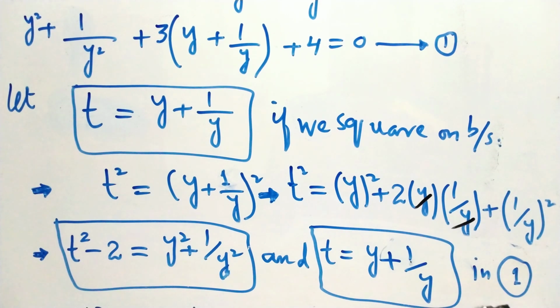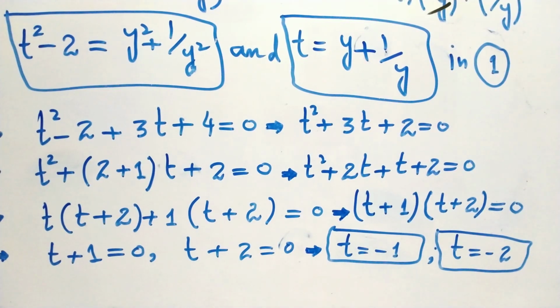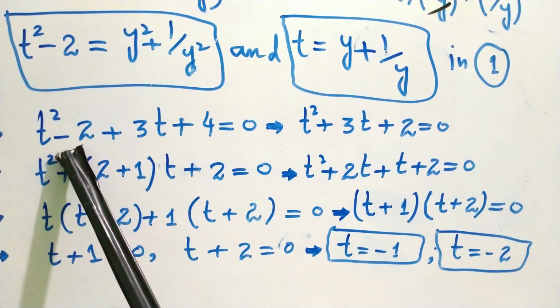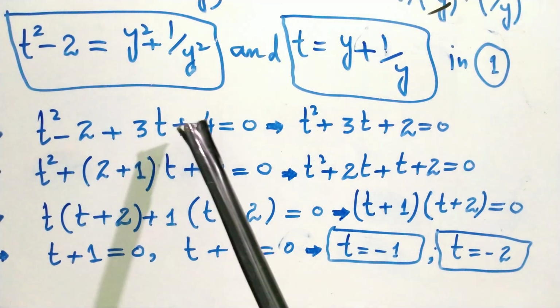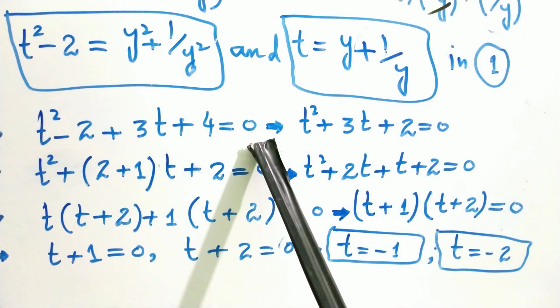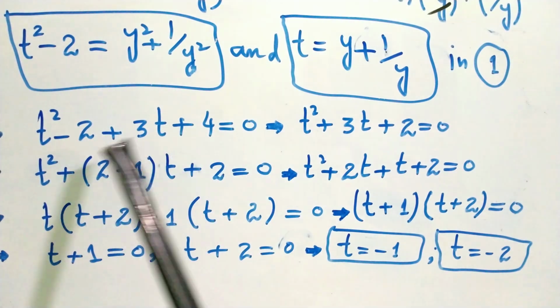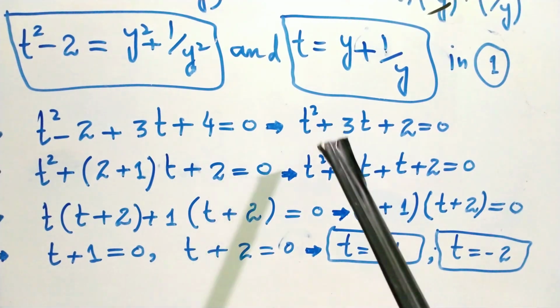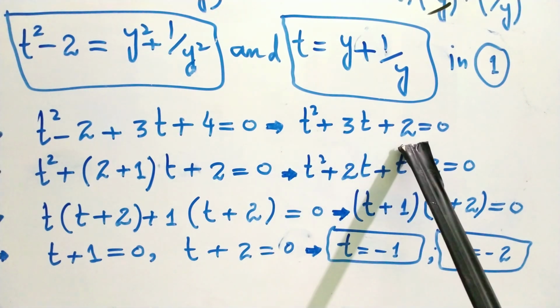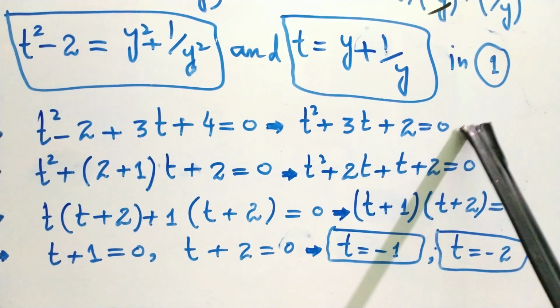If we put these in equation number 1, then we will find the quadratic equation. By substituting y square plus 1 over y square as t square minus 2, plus 3t plus 4 is equal to 0. So 4 minus 2 will be equal to 2, then t square plus 3t plus 2 is equal to 0, which is the quadratic equation.